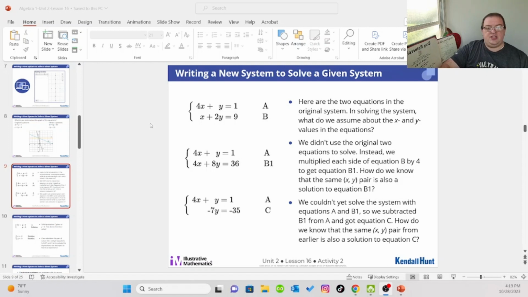Because if we say that everything on the left side equals everything on the right side, then when we subtract the left side of the bottom equation from the top equation, and we subtract something that we said was equal to it on the right side, we're actually subtracting equal amounts from the left and the right. Therefore, we're going to have an equivalent equation that still has the same answers.